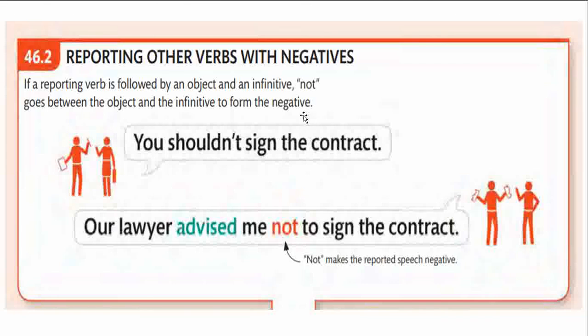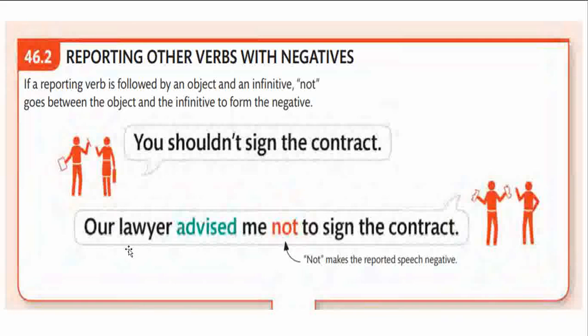Now let us see the construction of the statement and then how we are going to change it. You shouldn't sign the contract. Our lawyer advised, advised whom? Me. So it was said to me.